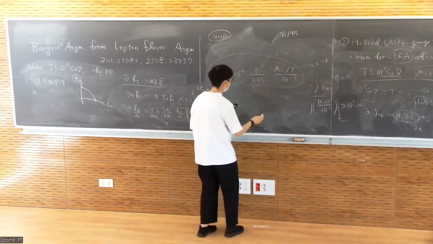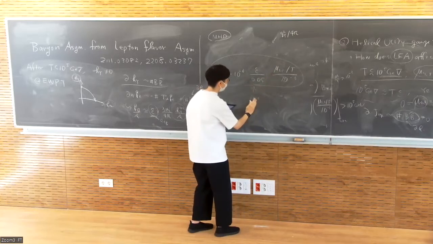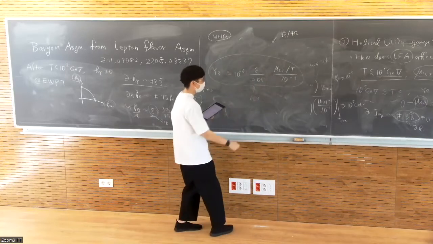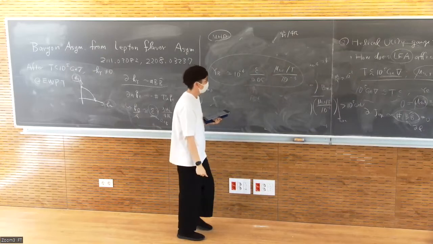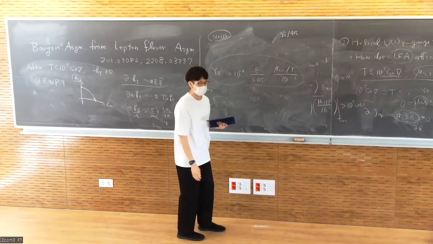But as I said, maybe it can be as small as 10 to the minus 6, then it is a good value. That's all. Anyway, this puts an upper bound on the lepton flavor asymmetry. And as far as I know, I think this is the tightest upper bound on the primordial lepton flavor asymmetry that exists.